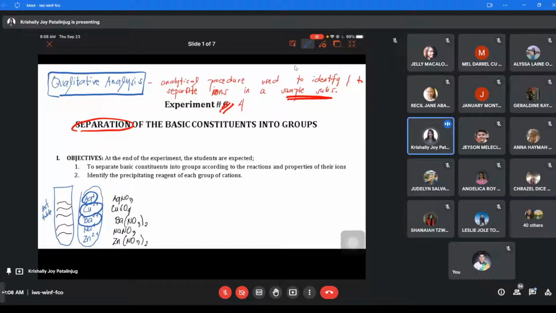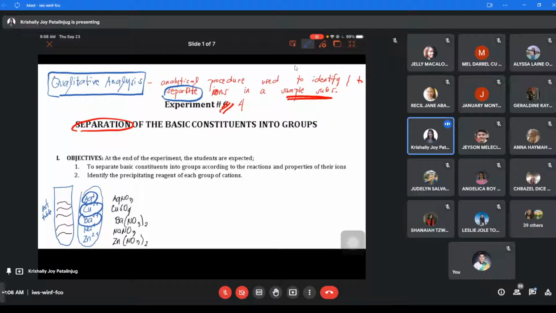As I have mentioned, in qualitative analysis, we can identify ions by separating them from other substances. That is the concept of qualitative analysis, more on identifying ions. It does not cover quantity. Quality is different from quantity of a substance.